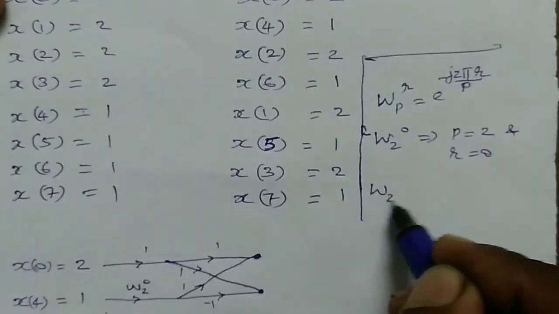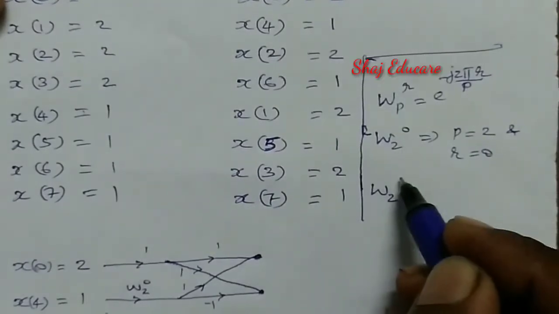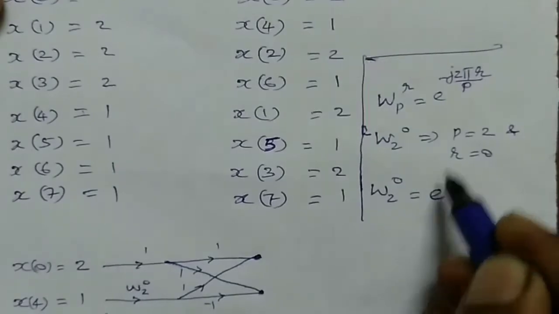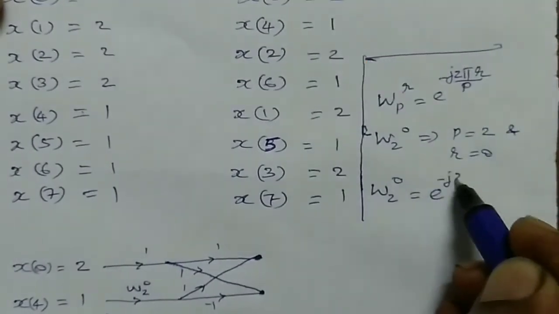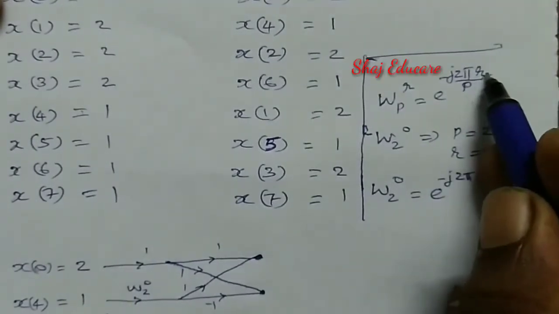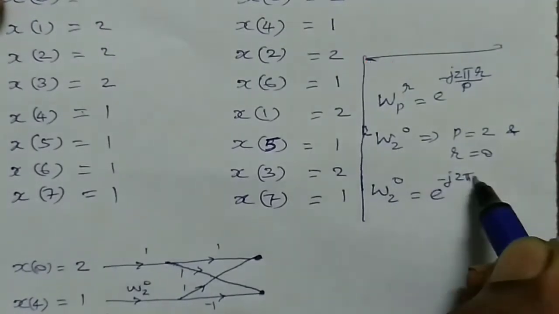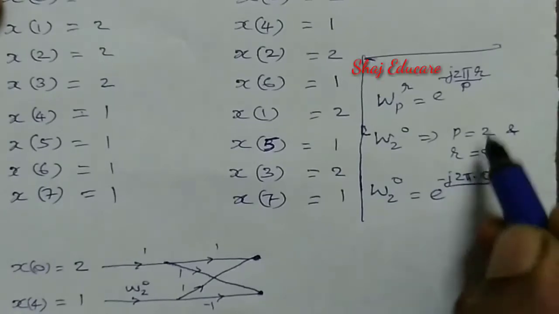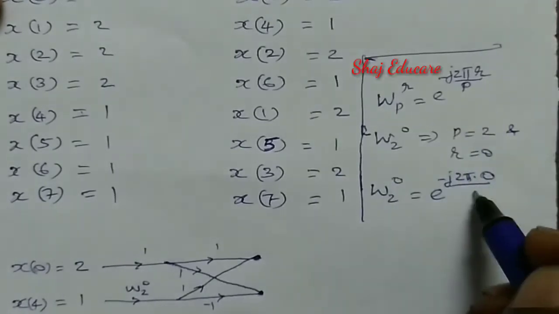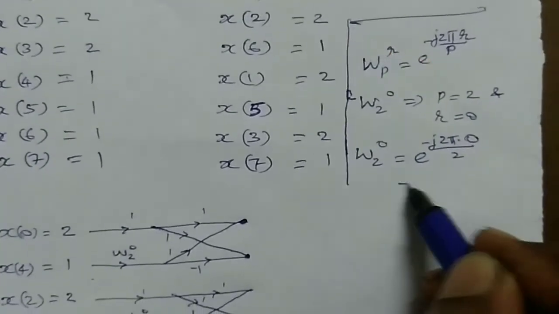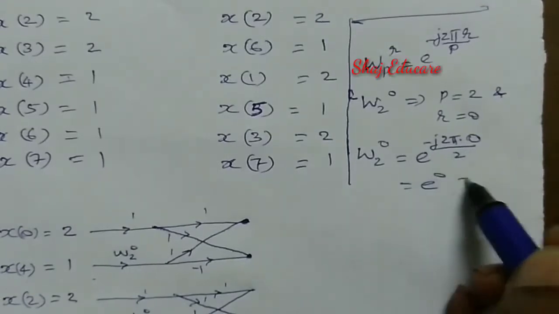Then W2 raised to 0 will be equal to e raised to minus j 2 pi r by p. What is r here? R is equal to 0, so the exponent is minus j 2 pi into 0 divided by p. What is p here? That is equal to 2. That is e raised to 0, which is equal to 1.